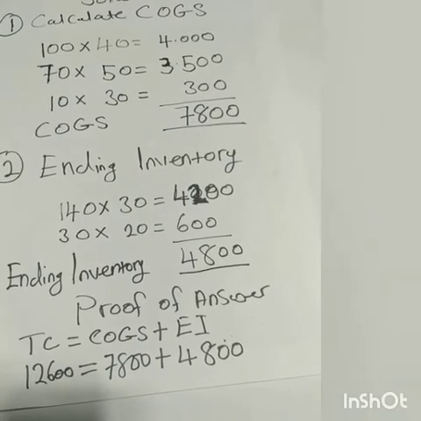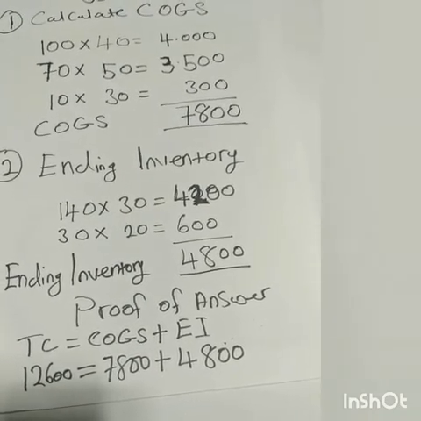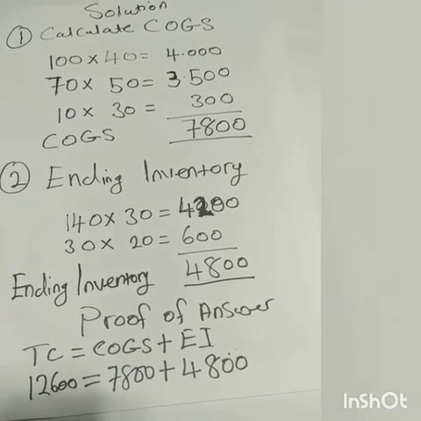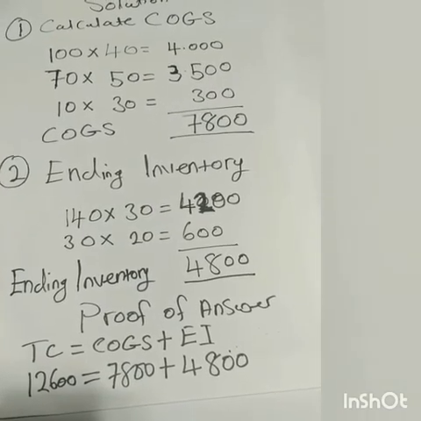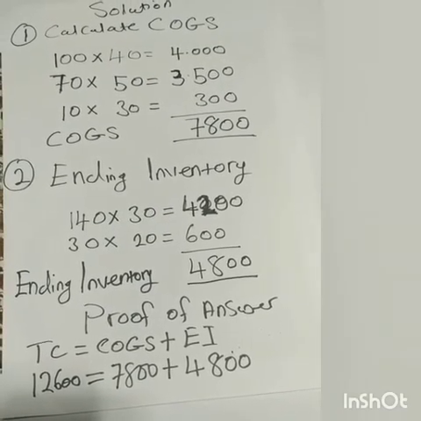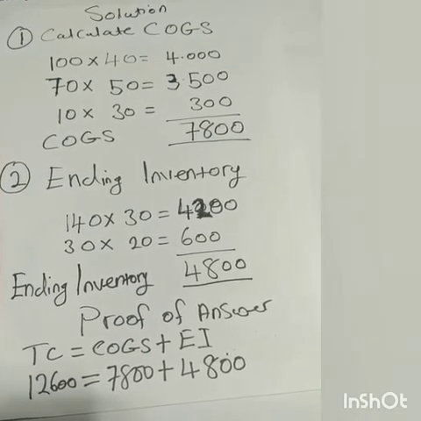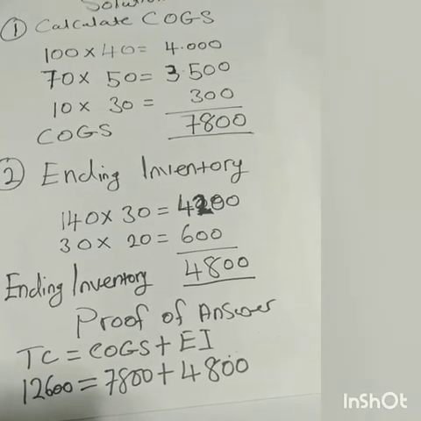So we have calculated our cost of goods sold, it is 7,800, and our ending inventory is 4,800. So if you add these two, it should be equal to 12,600, the amount that is on that table. All right, guys, you can take your calculators and add it to be sure that what I am saying is true. All right, so this is just a little way that you can prove your answer.